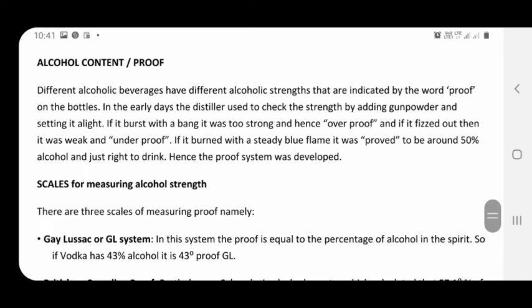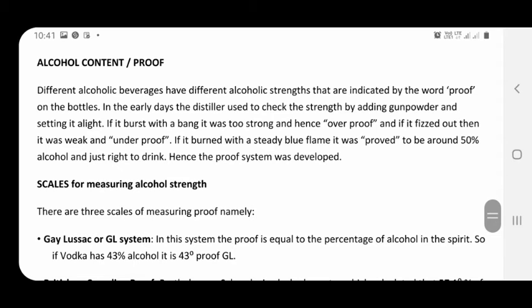In this system, the proof is equal to the percentage of alcohol in the spirit. So if vodka has 43% alcohol by volume, it is 43 proof GL.